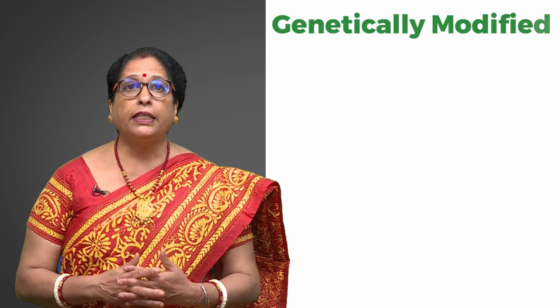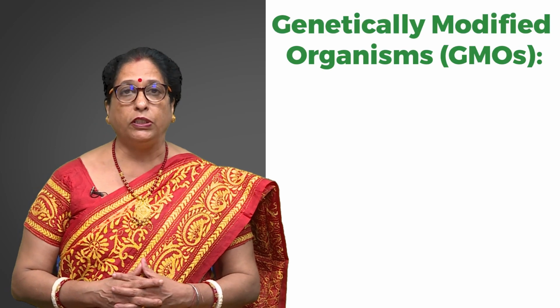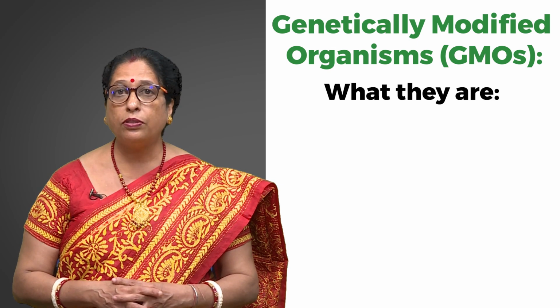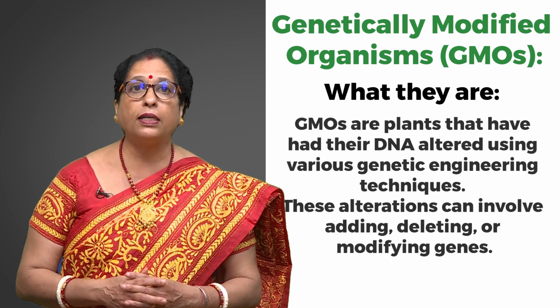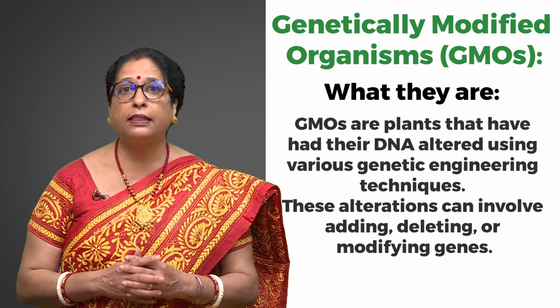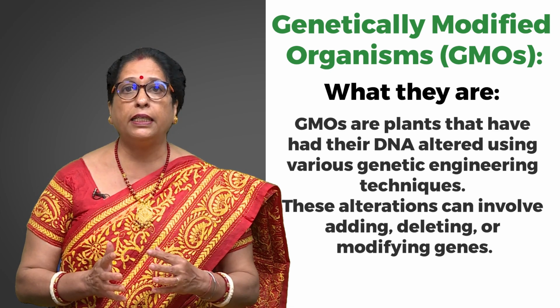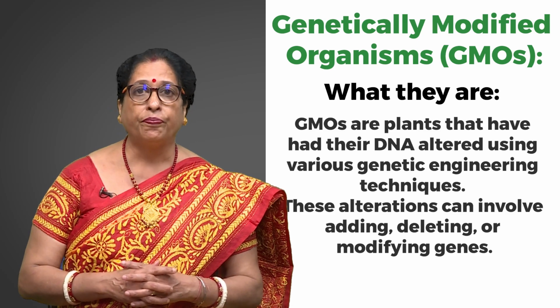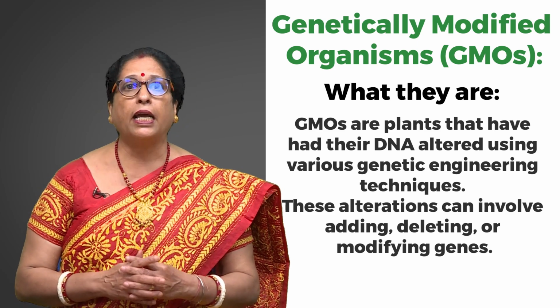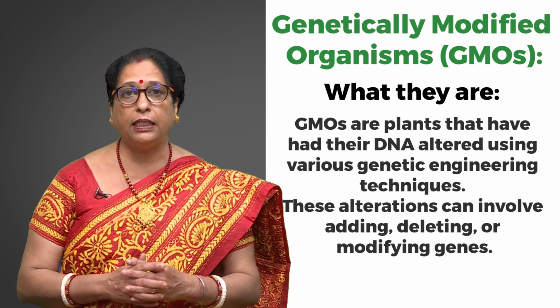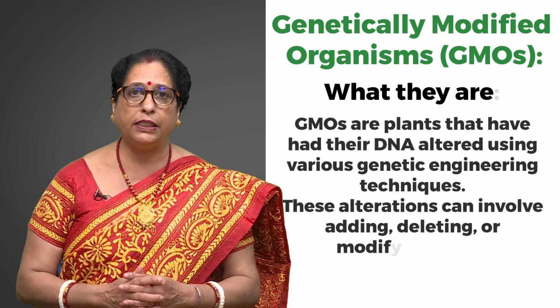Next is the genetically modified organism, GMOs. What are GMOs? GMOs are plants that have had their DNA altered using various genetic engineering techniques. This alteration can involve editing, deleting or modifying genes.